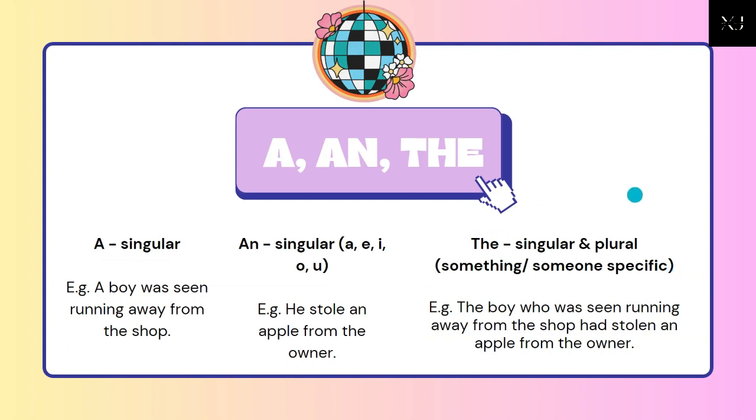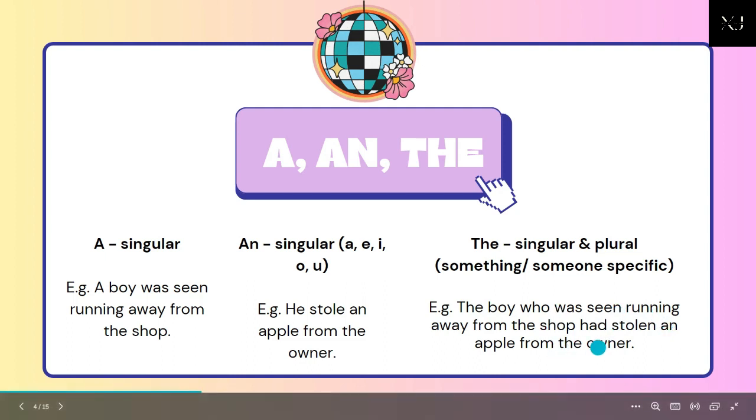Alright, and then we have the. It can be used for both singular and plural, one thing or more than one thing, but it has to be something or someone specific. Let's take a look at our example sentence. The boy who was seen running away from the shop had stolen an apple from the owner. You see, we are talking about a specific boy here. He had stolen an apple, one apple. He can't be stealing the apple, the specific apple, when we just introduced it.